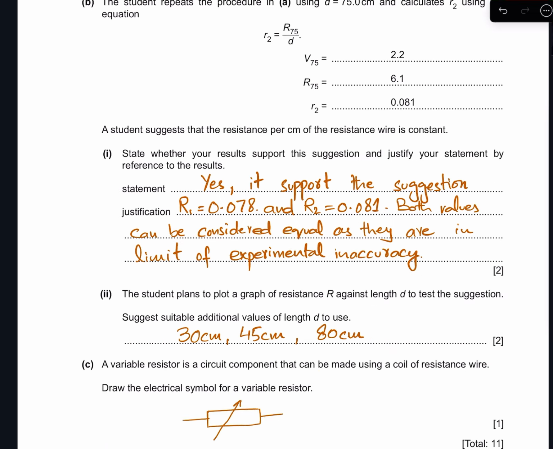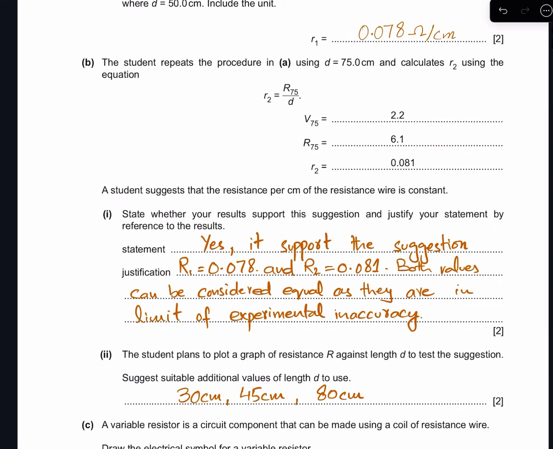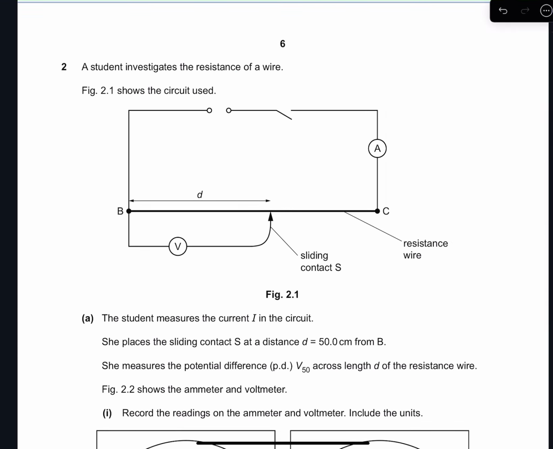Okay. In the second part they are saying a student plans to plot a graph of resistance R against the length D to test the suggestion. Suggest suitable additional values of the length D. Okay, so where was length D? Let me check. There is a length D. Length D can be from, we are taking the reading in centimeters.